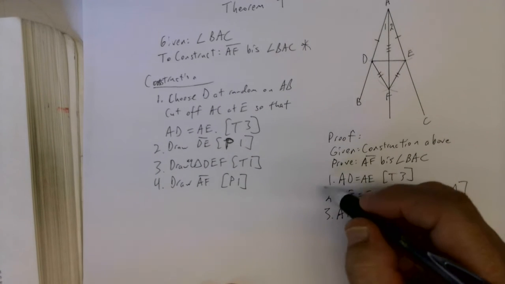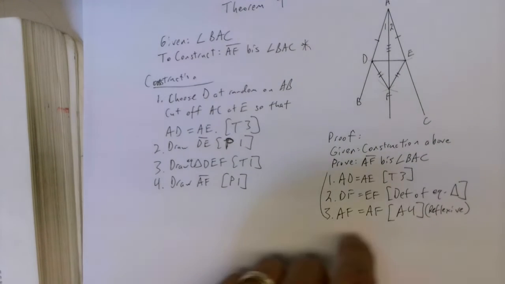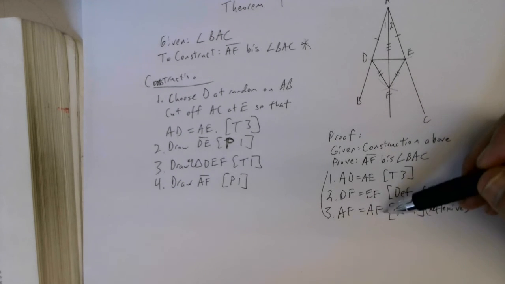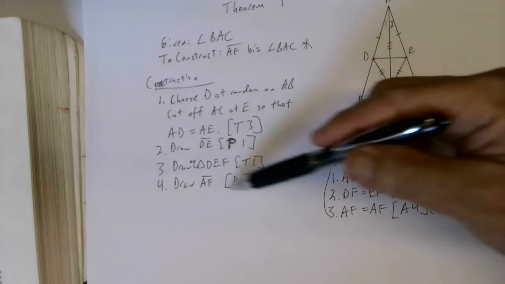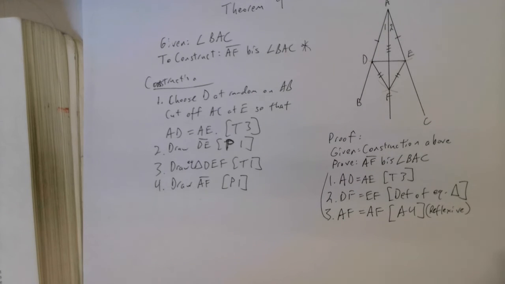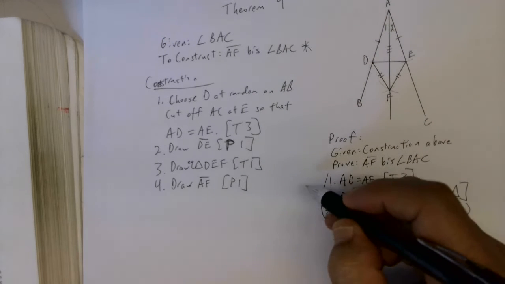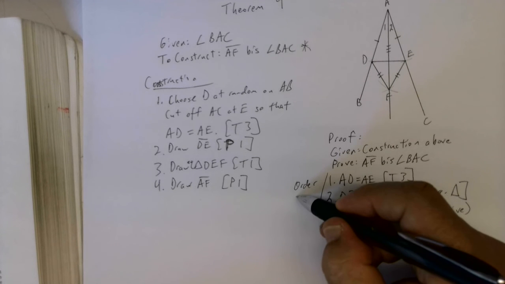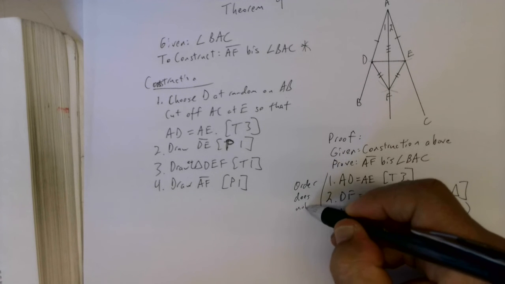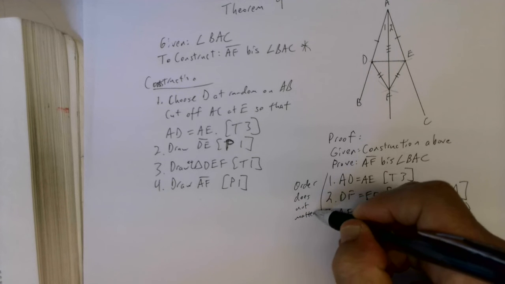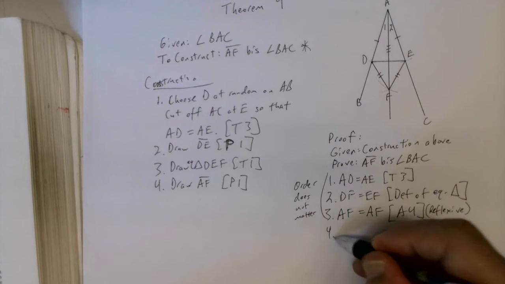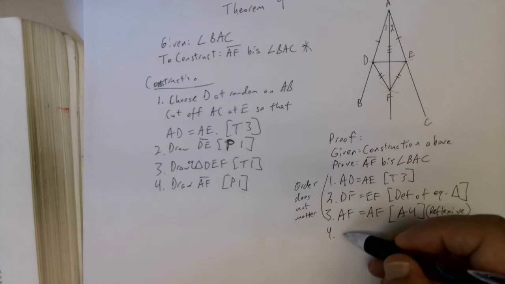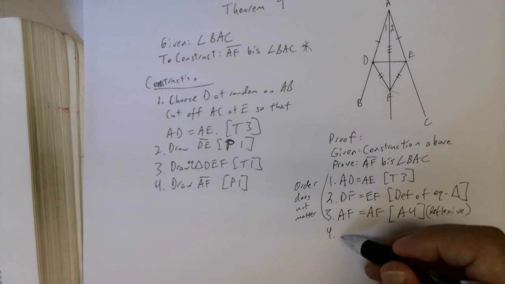All right? Now, I just want to make the point that these 3 steps depend on things that we did over here in the construction. Therefore, it does not matter the order that you put the first 3 steps in. Order does not matter. However, you must have all 3 steps, click, click, click, in order to open the locker or prove the triangles congruent.